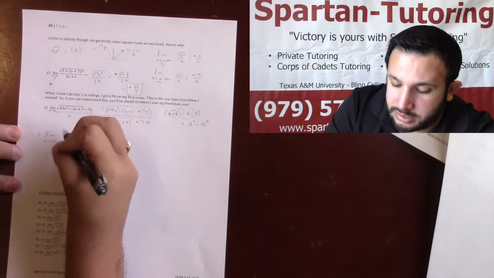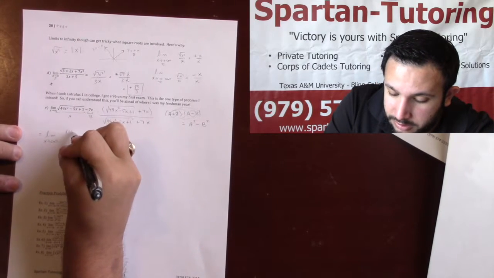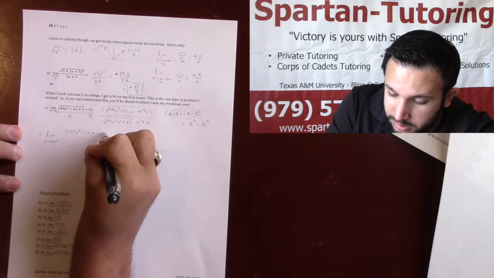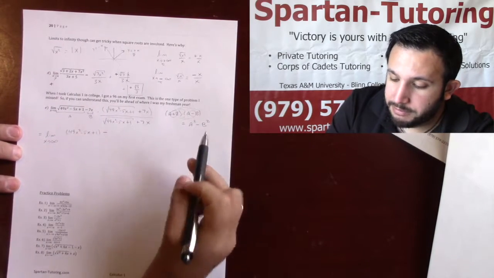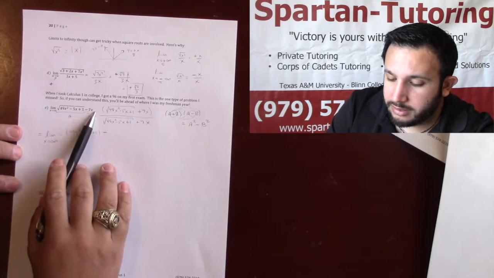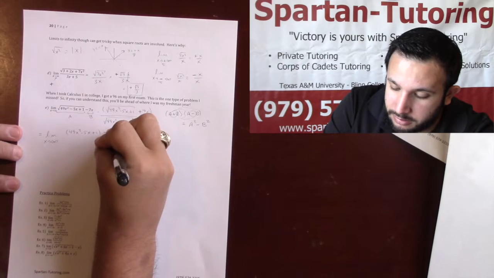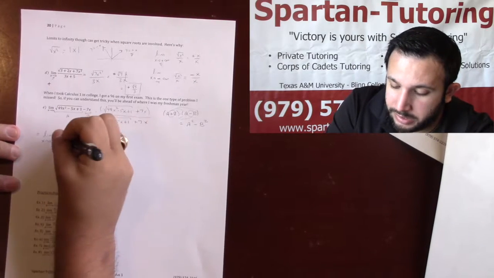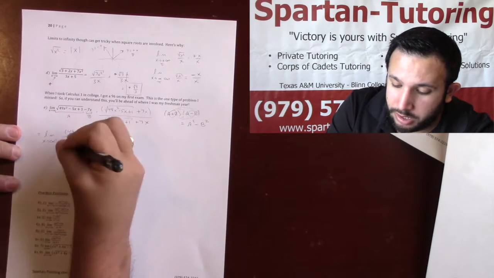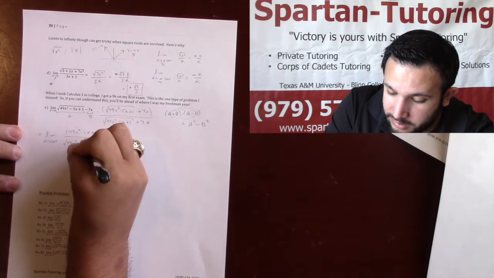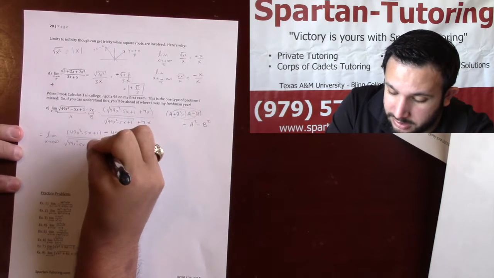So that's going to be 49x squared minus 5x plus 1 minus b squared, squaring this 7x, that whole thing squared, is going to be 49x squared. Now on bottom, leave it alone. On bottom, you still have the square root of 49x squared minus 5x plus 1 plus 7x.